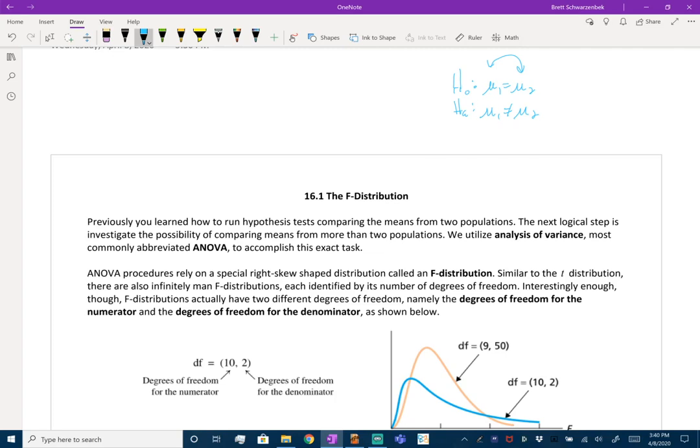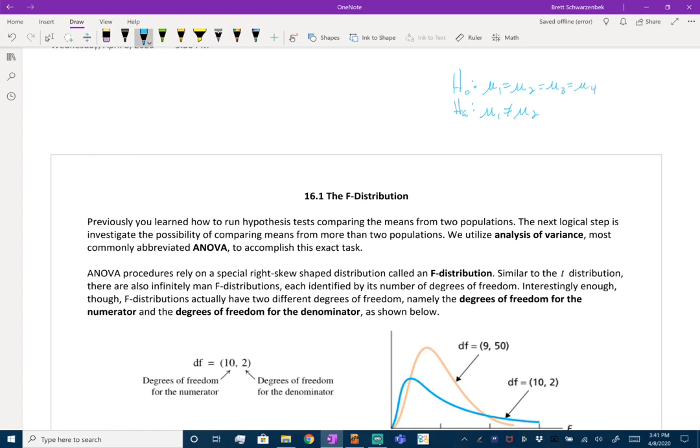So the next step is, well, what if we have more than two population means? What if we have 4 or 5 populations and we want to compare to see if the means of all of those populations are the same? So in other words, what if I did something like this? What if I did this?